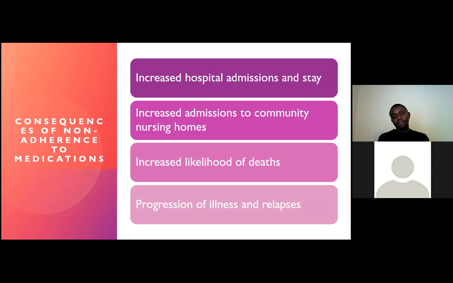And then sometimes your disease just gets worse or relapses. Like you were getting better, but because you stopped taking medications, you sort of go back to the very beginning or early stage of the disease process because you just couldn't keep up with the medication.